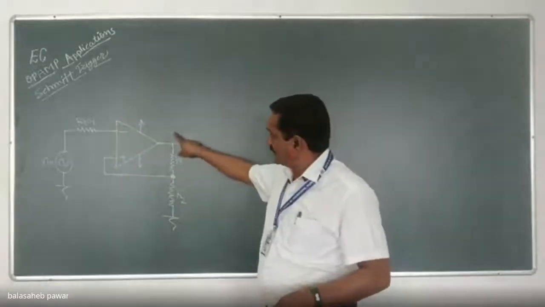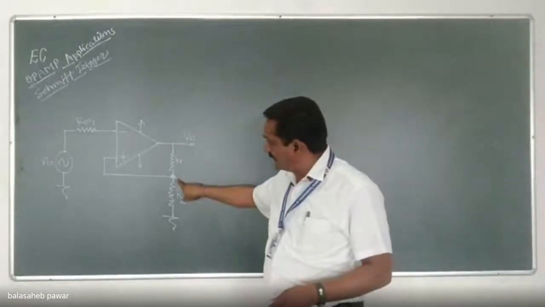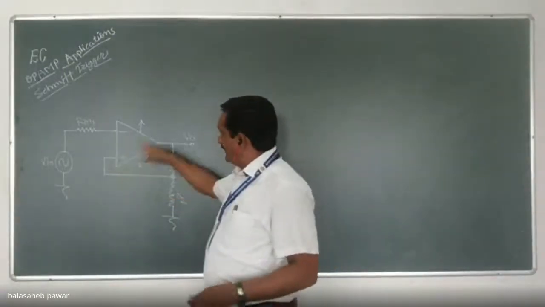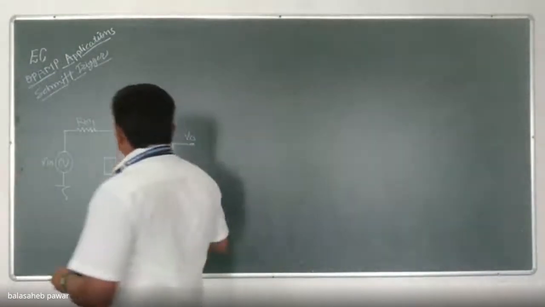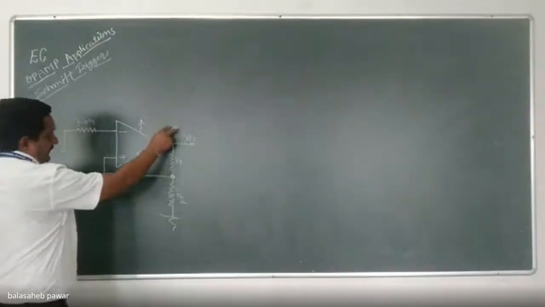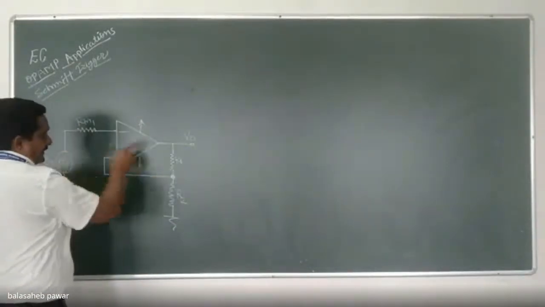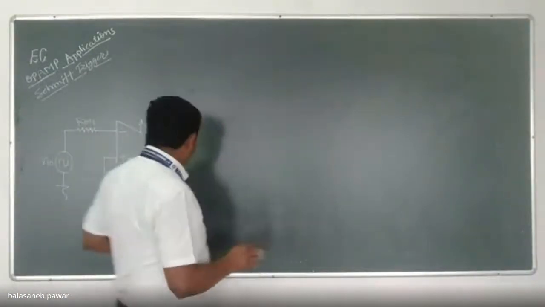Similarly, if that output offset voltage initially is negative, this node voltage will be negative, applied to the non-inverting terminal, and hence the output will be minus Vsat, right? So I will consider the initial output of that circuitry, whenever input is at zero potential, to be plus Vsat, right?